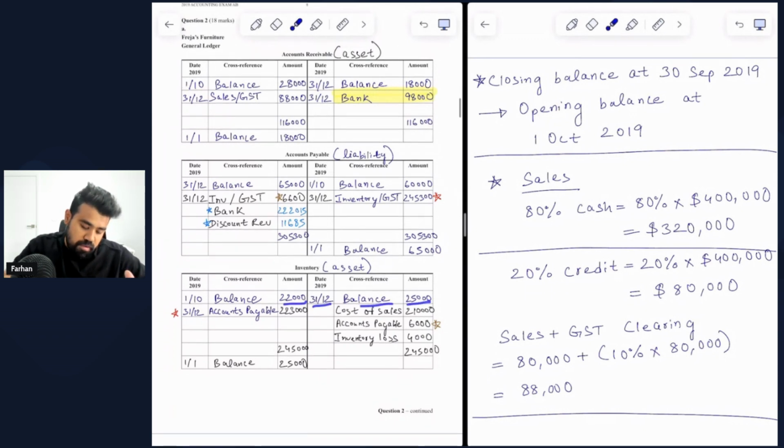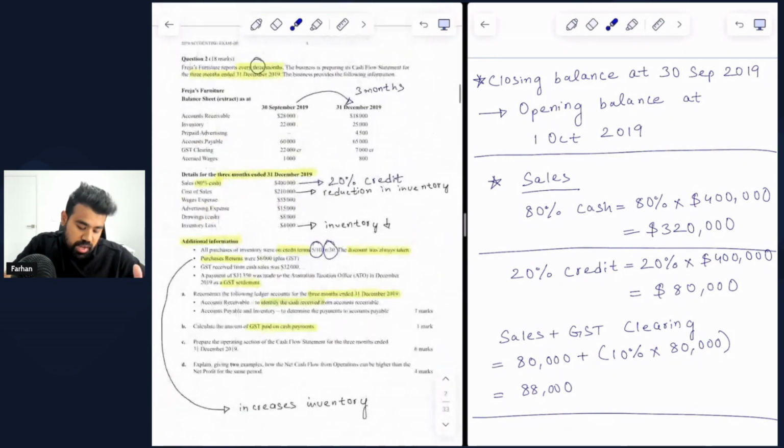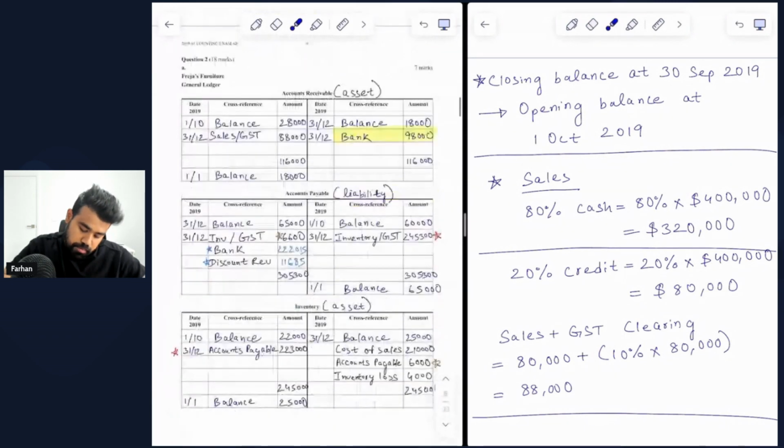Let's scroll back up to verify these numbers. So you can see inventory had a closing balance of 22,000 on 30 September 2019, which becomes the opening balance on 1st of October, and a closing balance of 25,000 on 31st of December 2019, which is what we have included here.